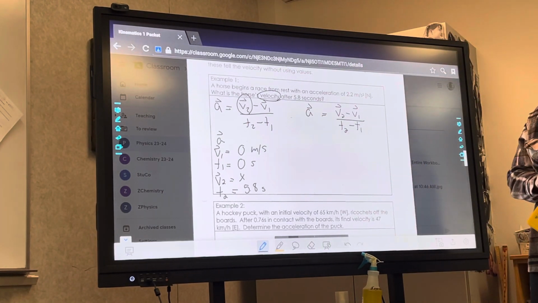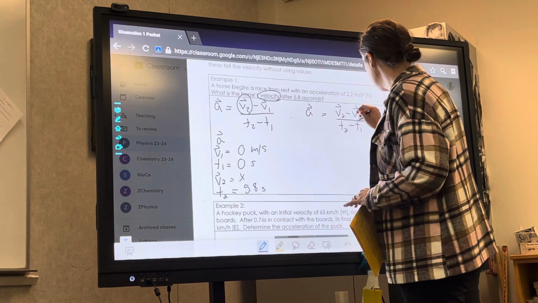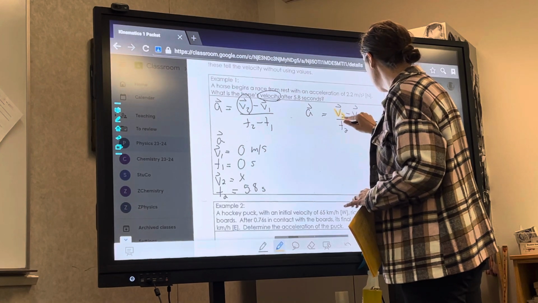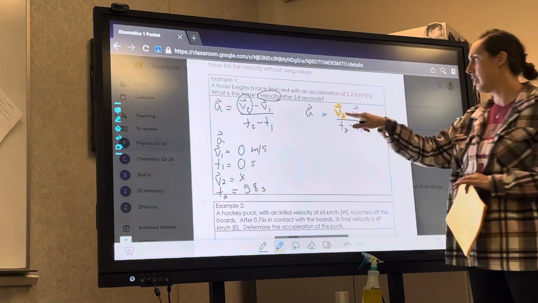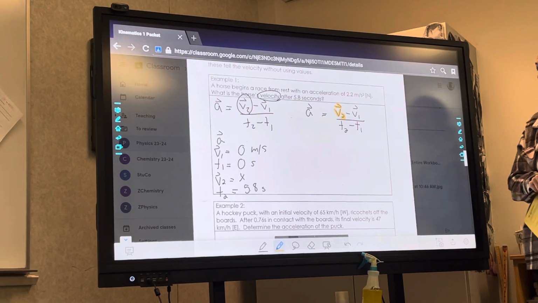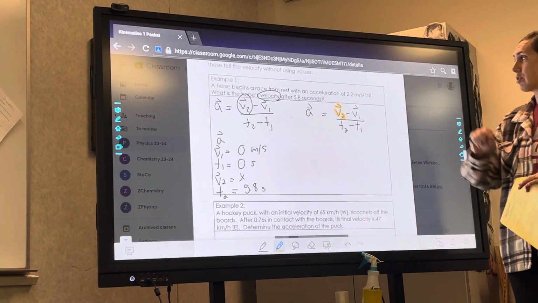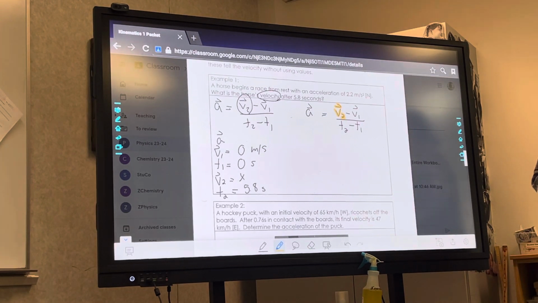Okay, what is the first step you would take to try to get this by itself? We have to get it by itself. What do we want to get rid of first? Do we want to try to get rid of the times? Do we want to try to get rid of the velocities?